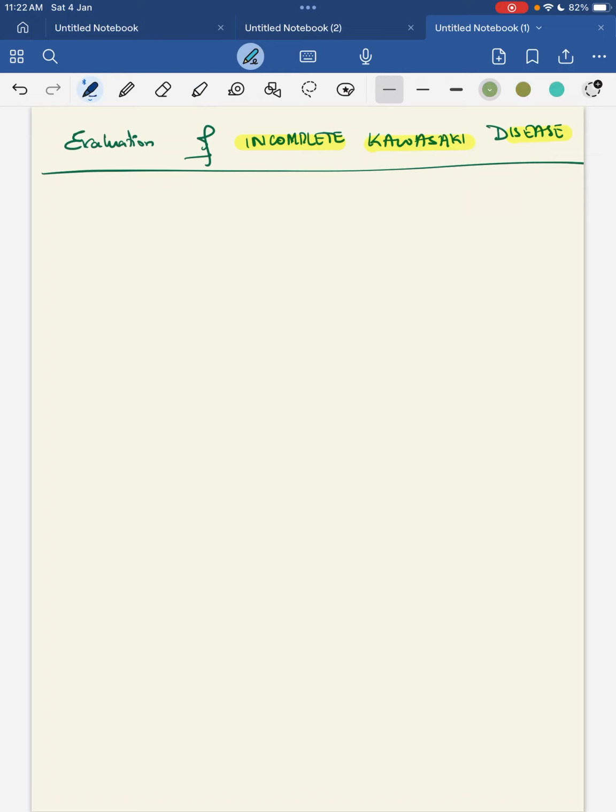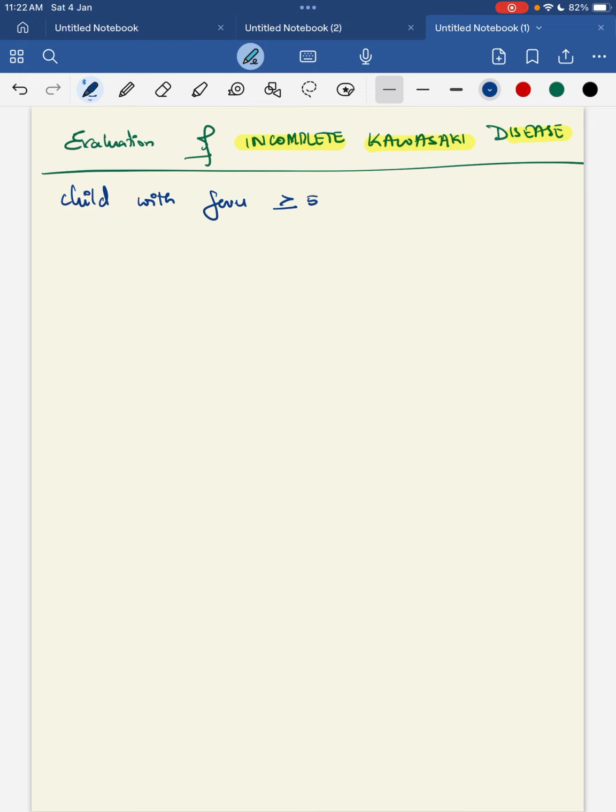Then you can evaluate the child for incomplete Kawasaki disease. That is, a child with fever for more than or equal to 5 days and only 2 or 3 of the clinical criteria that we talked about earlier is considered as incomplete Kawasaki.